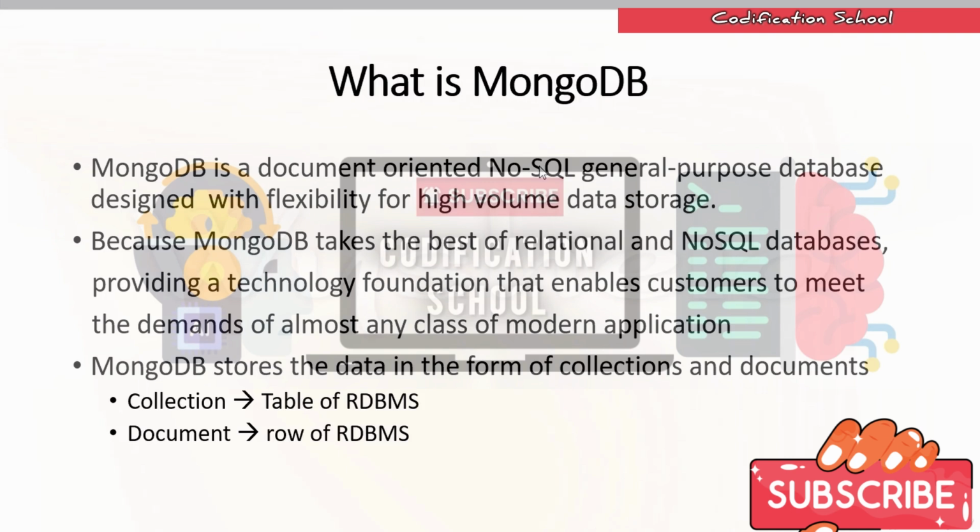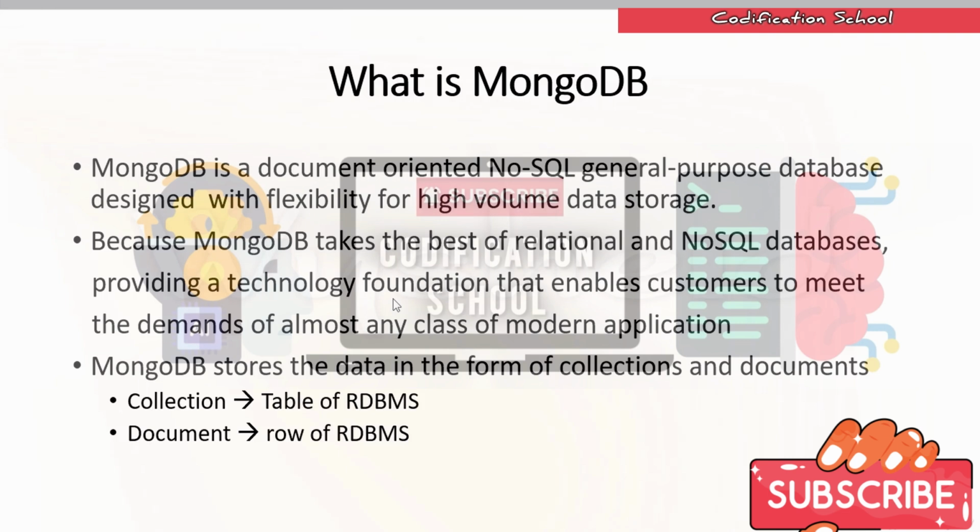MongoDB is document oriented. A document is the data that you are storing on MongoDB. It is the lowest unit of data that you are storing on MongoDB. You can say that a MongoDB document is similar to a row in an RDBMS. It is also designed with flexibility.